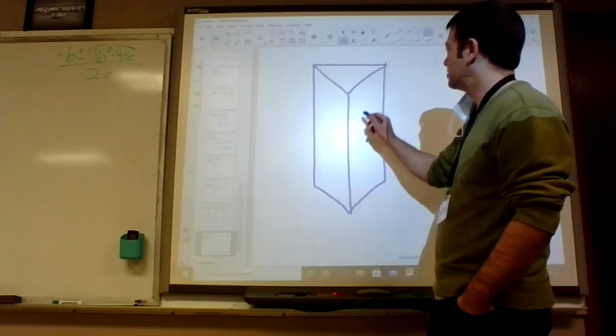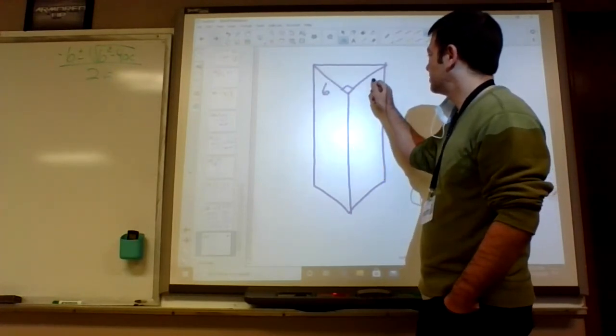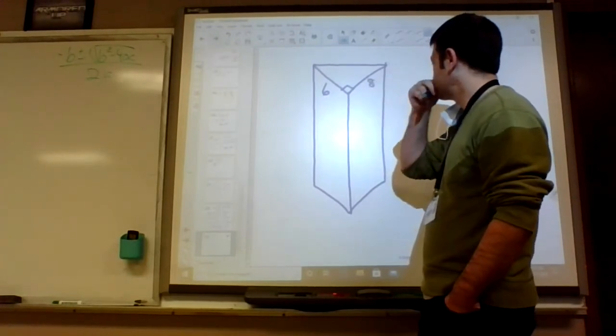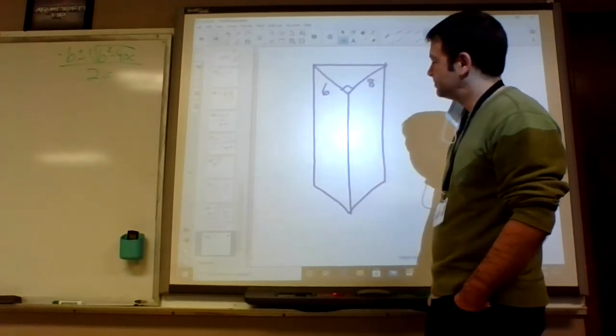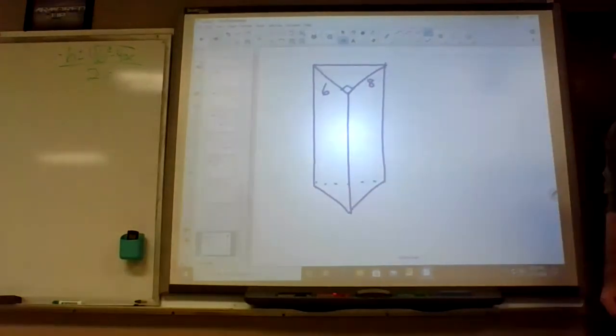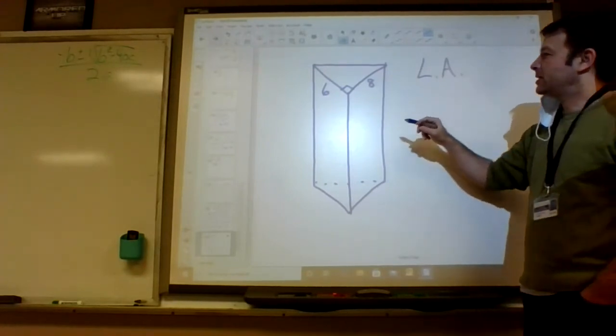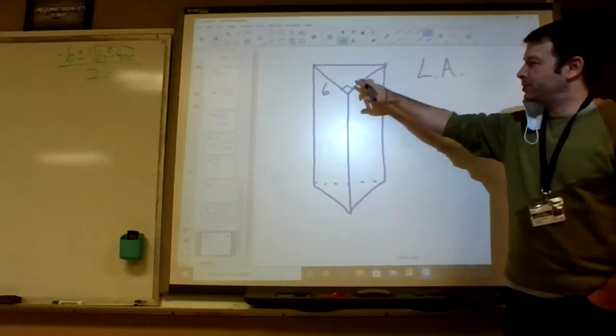We can double up on this one. 6 squared, 6 squared. Okay, lateral area, remember, was perimeter times height.